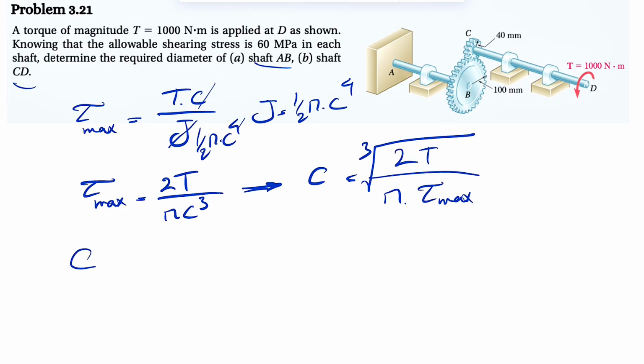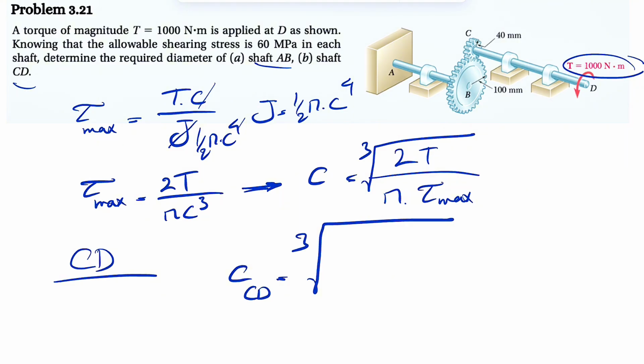So let's start with the shaft CD. Looking at this, we have a 1000 Newton meter torque applied at point D, which means the internal torque in that member is going to be 1000 Newton meters. So let's see what we get for the radius of CD. c cubed equals 2 times T, which is 1000, over pi times the maximum shearing stress, 60 megapascal, so 60 times 10 to the 6 Pascal.